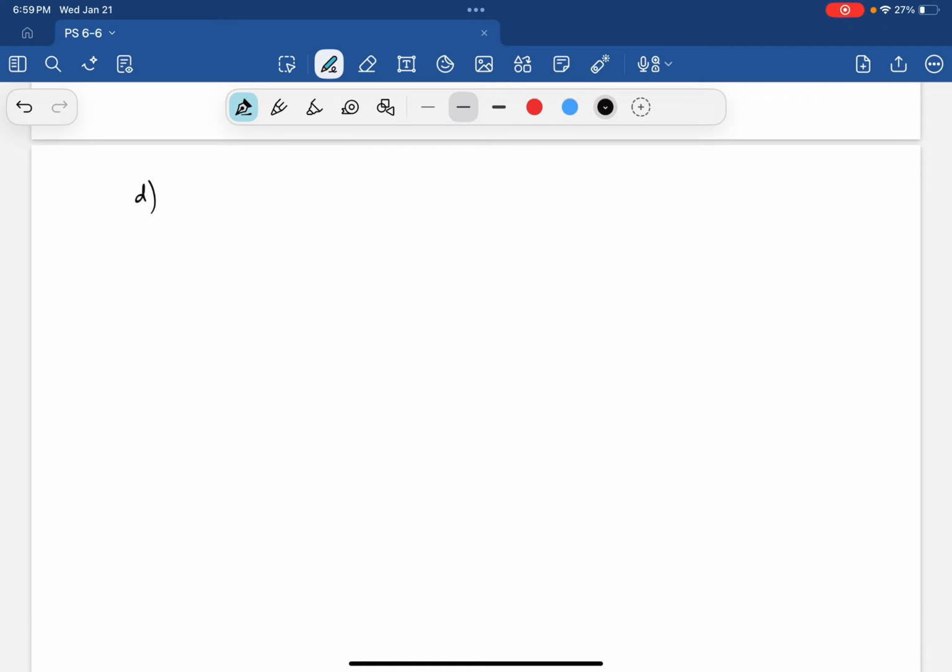Last one. z cubed equals 8. I feel like I did this in one of the periods. Anyways, 8 is equal to 8 times e to the i times 0, right? So that tells us that z is going to equal 8 to the 1/3, which is 2, times e to the power of i times 0 plus 2 pi k over n, which is 3. k equals 0, I'm going to have 2.